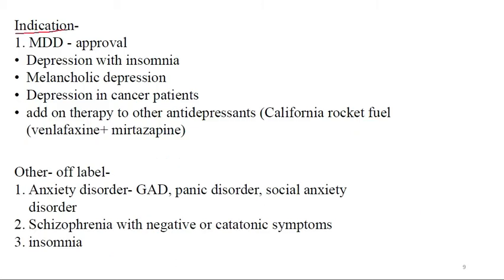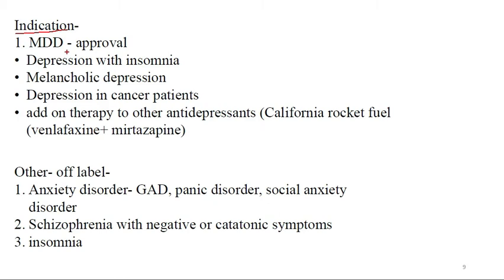Now, coming to the indications or uses of mirtazapine. Mirtazapine is only approved for major depressive disorder, and as we know, mirtazapine has certain advantages: it causes hypersomnolence but does not cause insomnia. It increases appetite and weight.